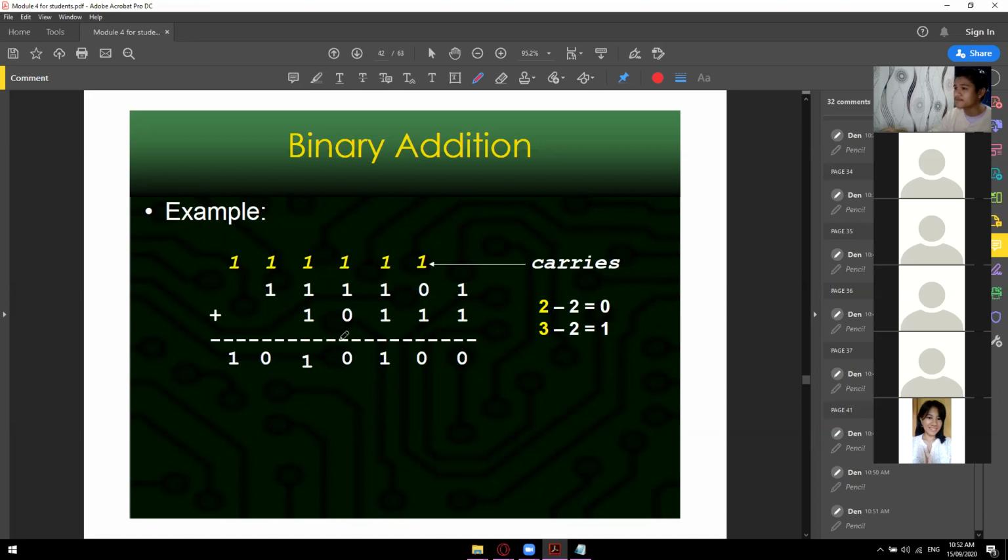Carry 1, bring down 0. 1 plus 1 plus 1, 11. Carry 1, bring down 1. 1 plus 1 is 10. Carry 1, bring down 0. And then, bring down the remainder 1. So, yung sagot na ito is 1, 0, 1, 0, 1, 0, 0.